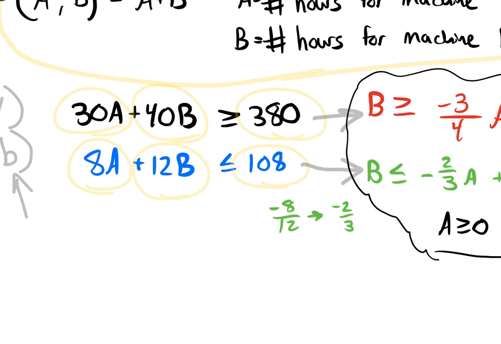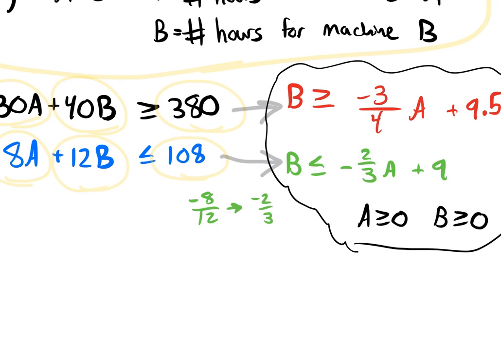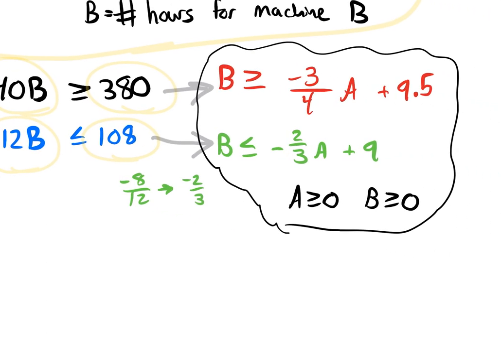This second one here, I subtracted 8a from both sides, and then divided everybody by the 12 with the b, and it simplified to that. Now, these two inequalities are there just to limit us to the first quadrant. Always be on the lookout for those in the word problems, because we can't have negative amounts of steering wheels produced.